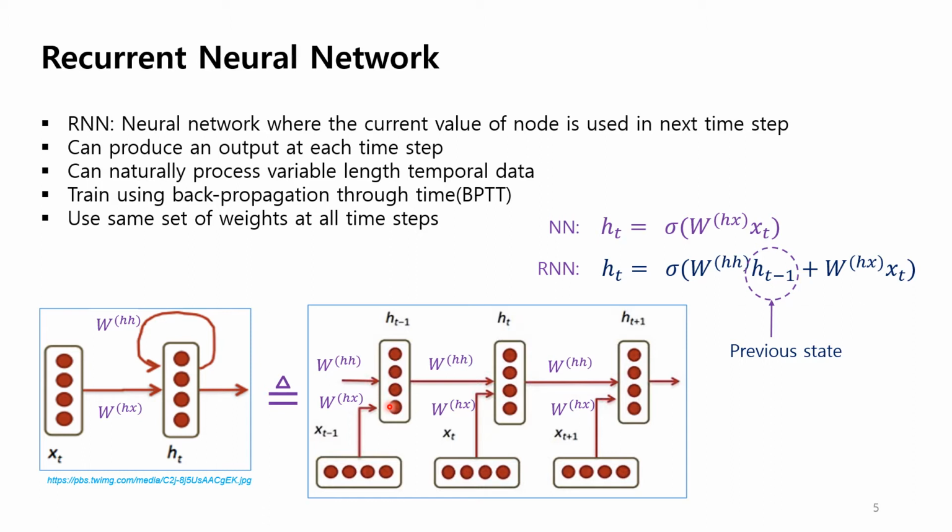Let's say in time step t minus 1, we are able to generate an output here, whatever it is. And in time step t, we can generate another output, and here, the same thing. So at each time step we are able to generate an output. That's the big advantage.